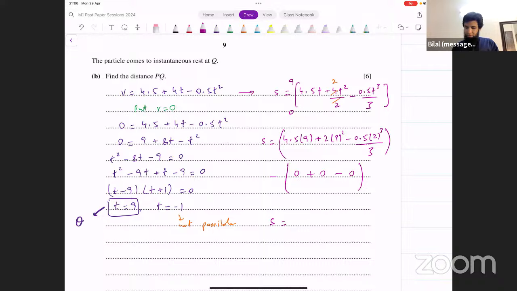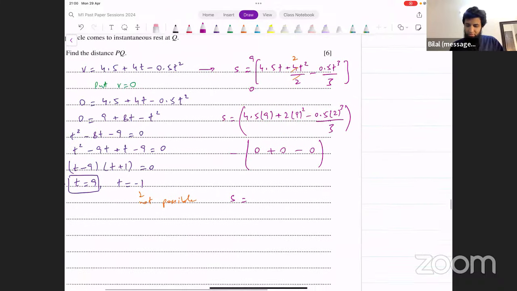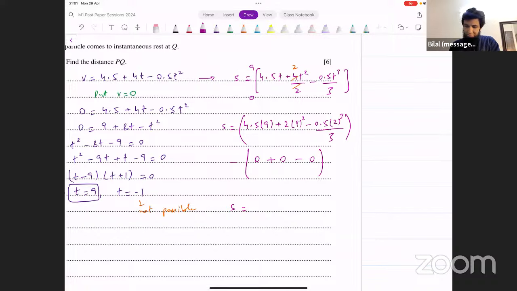Minus 0.5 into 8. Can somebody check this? What this turns out to be? When you input 0, everything does become 0, right? Yeah. We have 4.5 into 9 plus 2 into 81 minus 0.5 into 8 divided by 3.